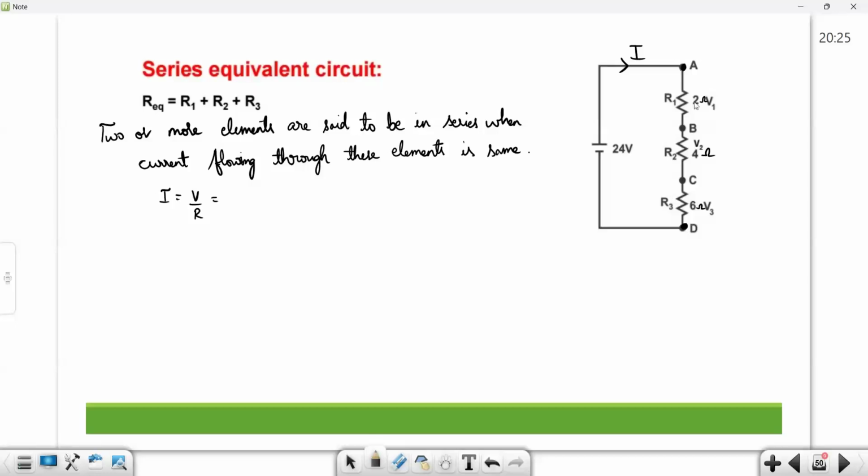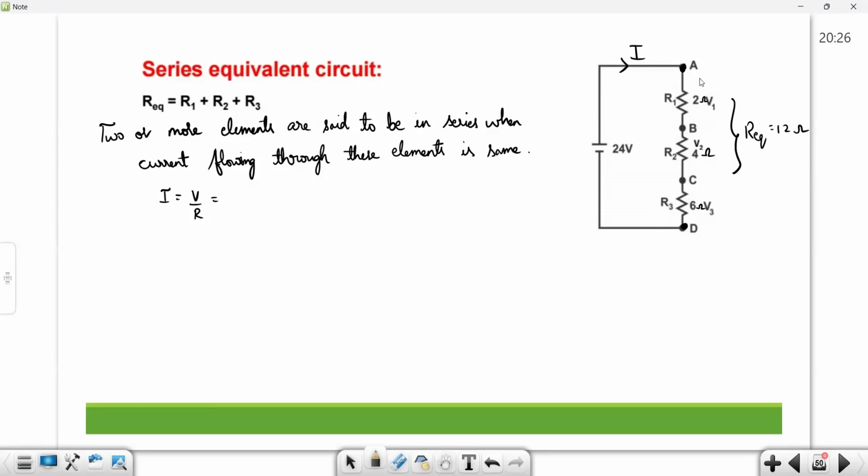From where to where are you finding the total resistance? From A to D. What will be the total resistance? R equivalent will be R1 plus R2 plus R3, which means 2 plus 4 is 6, 6 plus 6 is 12. 12 ohm is the equivalent resistance. That means from A to D, the resistance is 12.